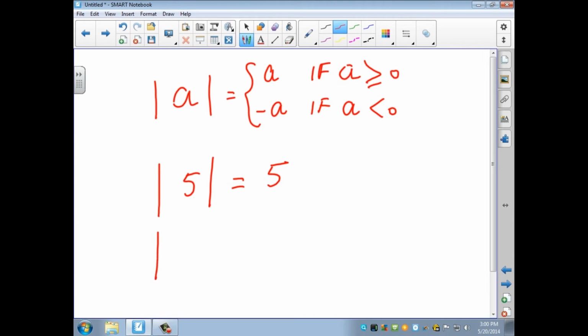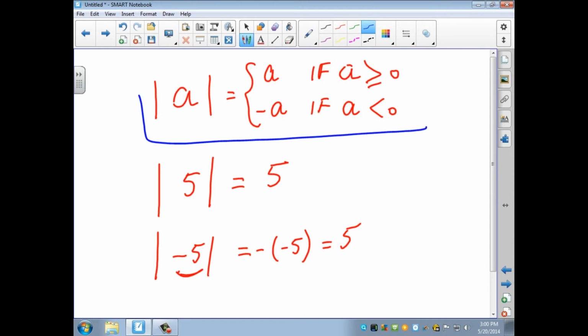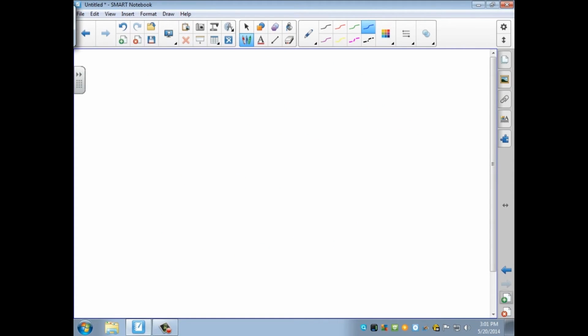But the absolute value of minus 5, since A is negative, it would be the negative of negative 5, which means it's equal to 5. Keeping this rule in mind, we solve problems like problem number 70.